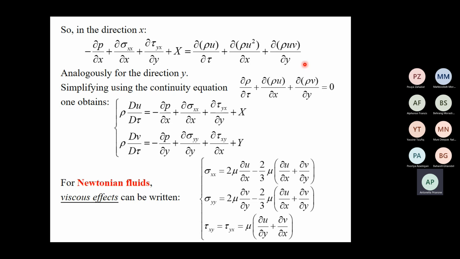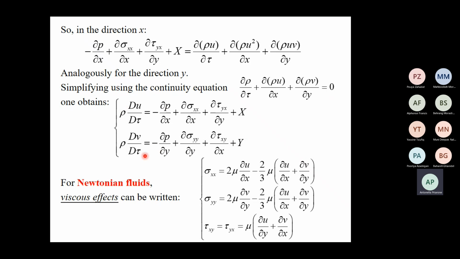After doing these calculations, I can recognize in some elements of the second member of this equation the continuity equation. Knowing that the continuity equation is equal to 0, I can simplify the terms of the second member that are the continuity equation. Simplifying, I obtain what you can find here.